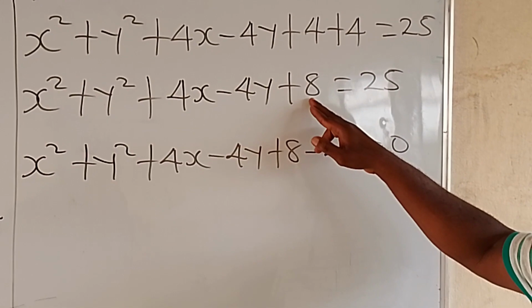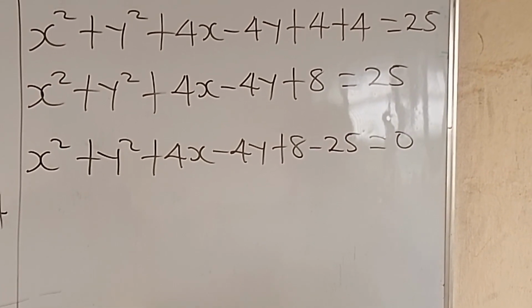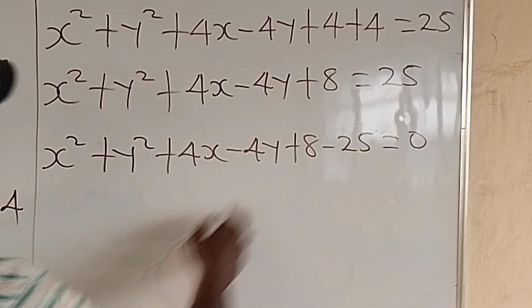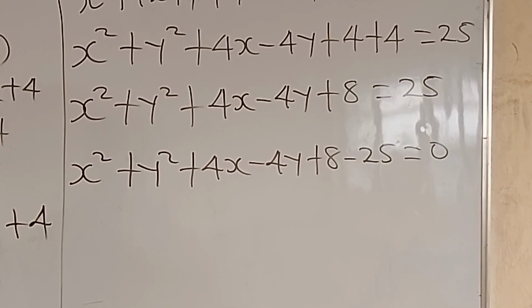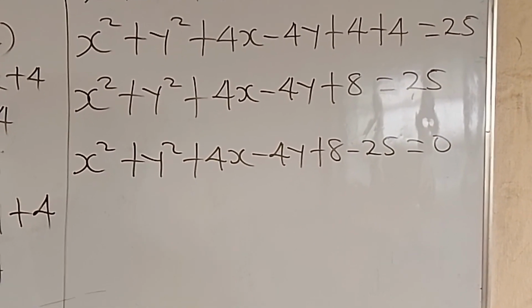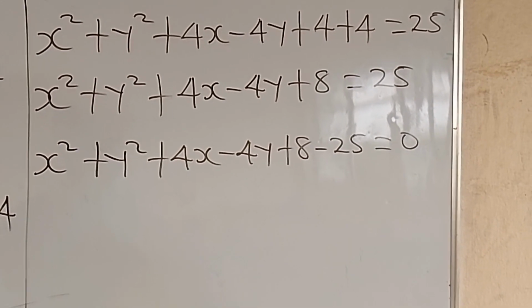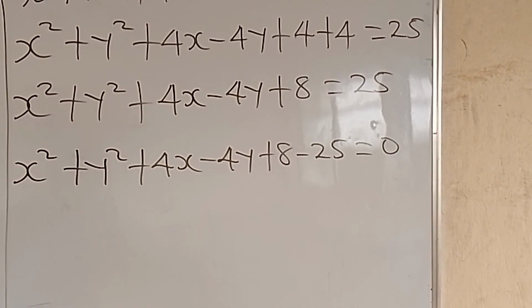That is why we have 8 minus 25. So now, without loss of generality, 8 minus 25 will definitely give us minus 17. True or false? It's true, because if you add 8 to 17, it will give you 25.